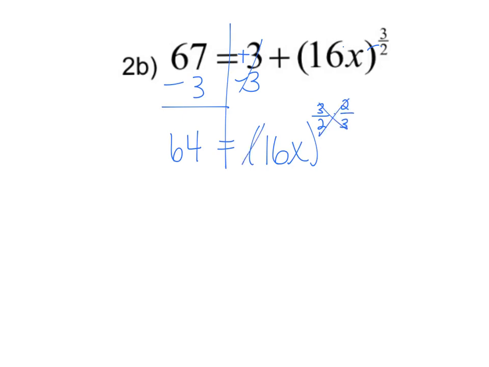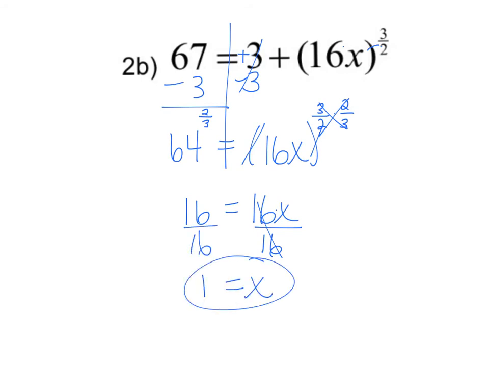So the parentheses will go away because the 16 and the x will no longer be to that power. So we also need to raise the 64 to the 2/3. And when you type that in, you get 16. So 16 equals 16x. Those are times, so we'll divide both sides by 16, and we get 1.